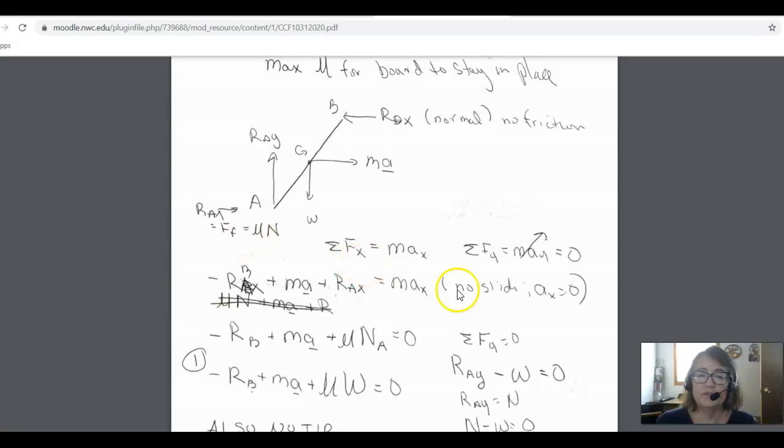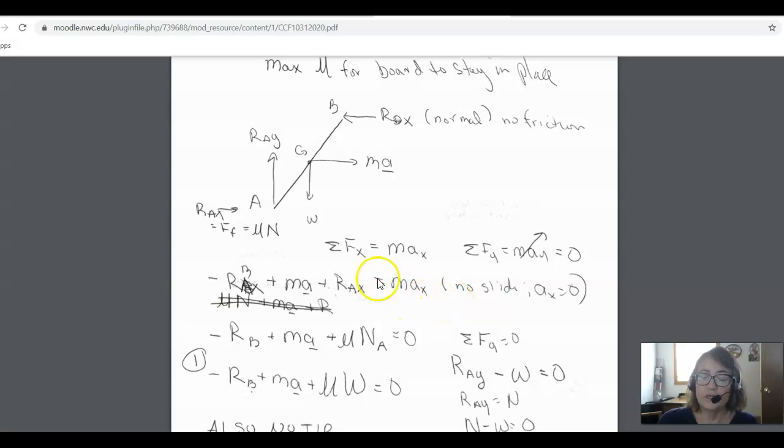All right, so we have the force equations. Summation of forces in x equals mass times acceleration in the x direction. Summation of forces in y equals mass times acceleration in the y direction. So the first thing I do is I write this equation where I have my negative RBx, I have my inertia vector, which is equivalent to a force, and I have the reaction A in the x direction, that equals mass times acceleration in the x direction.